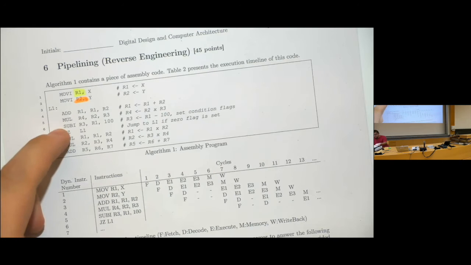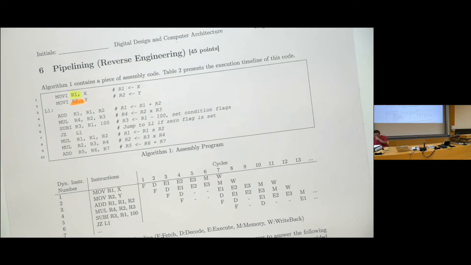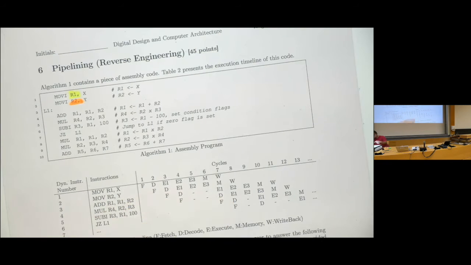And if the branch is taken, it jumps back to L1. So the first question we should answer is: list the necessary data forwardings between pipeline stages to exhibit this behavior. This behavior means the behavior we see in the execution timeline, specifically the stalls we are seeing.